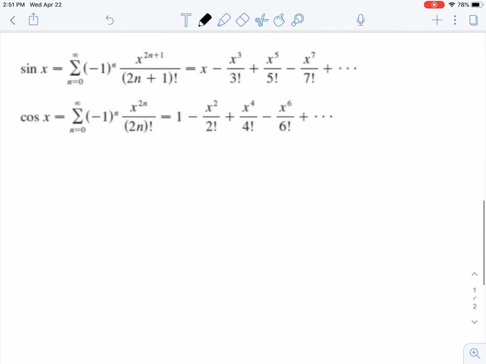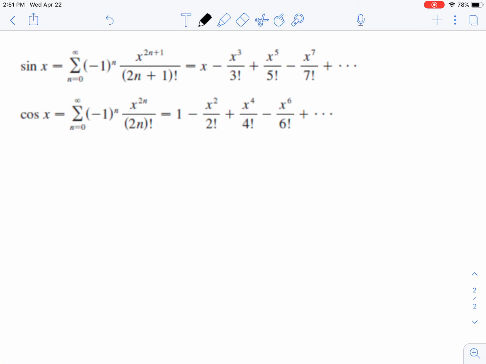If we look down here at sine and cosine, if we take the derivative of the sine series, we'll get the cosine series. And I think that's easy to see. If you take the derivative of this, I'm going to copy it. So this is sine. I'm going to take its derivative.